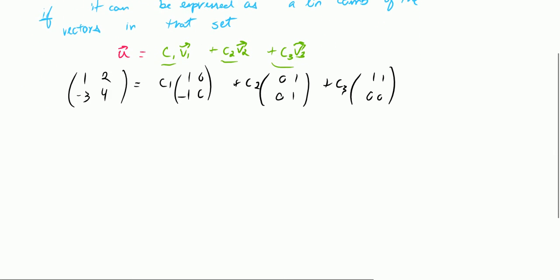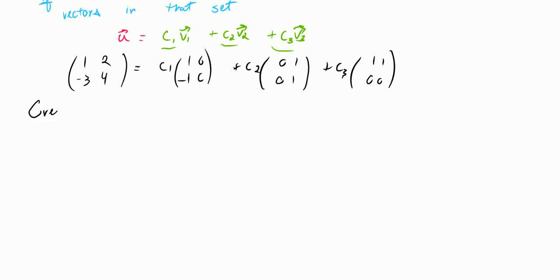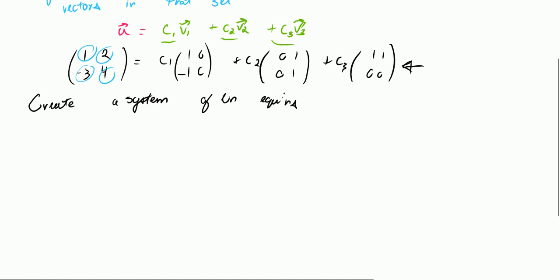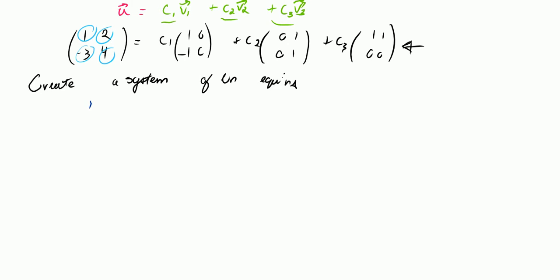Now what I have to do is create a system of linear equations with the above equation. I take each matrix entry and create a linear equation with it. So my first equation, the 1,1 entry, is 1 equals c1 plus c3.